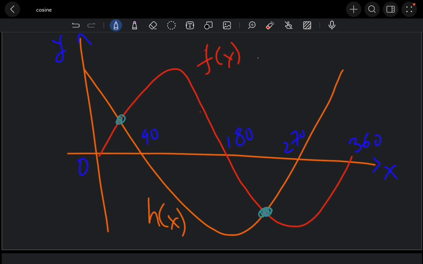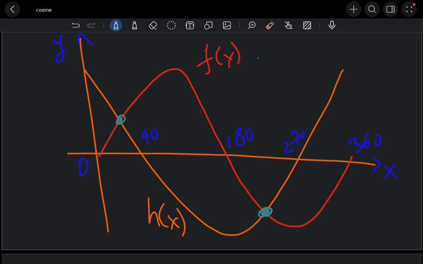Okay? Now, if they ask you to identify the points in which f of x, which is our sine, is greater than h of x, you're going to look at the points in which f of x is at a higher point than h of x. For example, if you look at this point starting from 0, sine of x, or f of x, is underneath h of x.